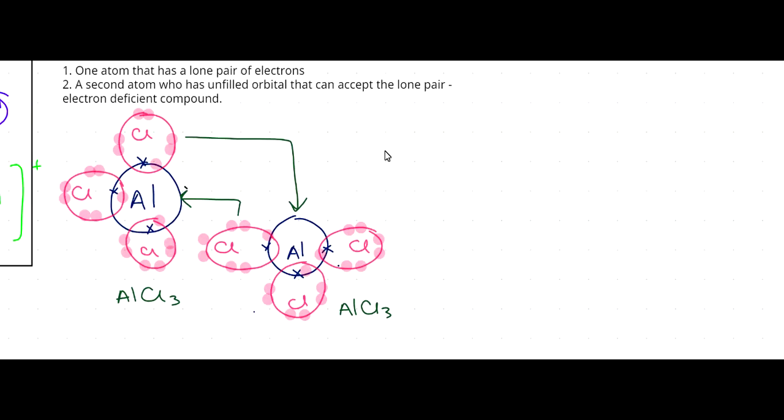And when the two molecules join together, what will happen? Let's quickly draw that. This is my aluminium. Let's draw them diagonal to make it easy. Over here I'm going to have my chlorine, and this chlorine is going to have a shared pair of electrons.